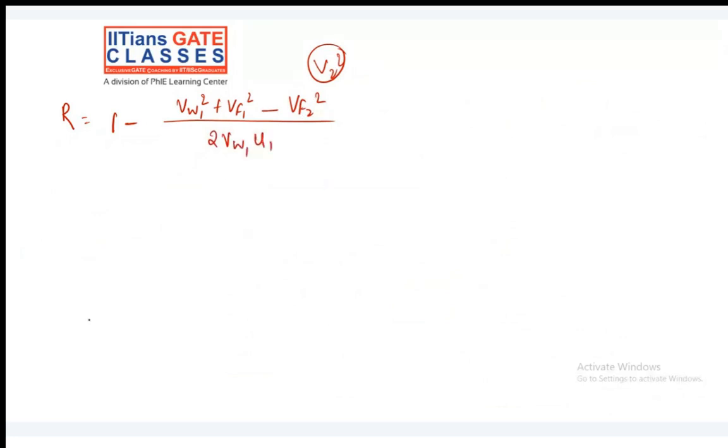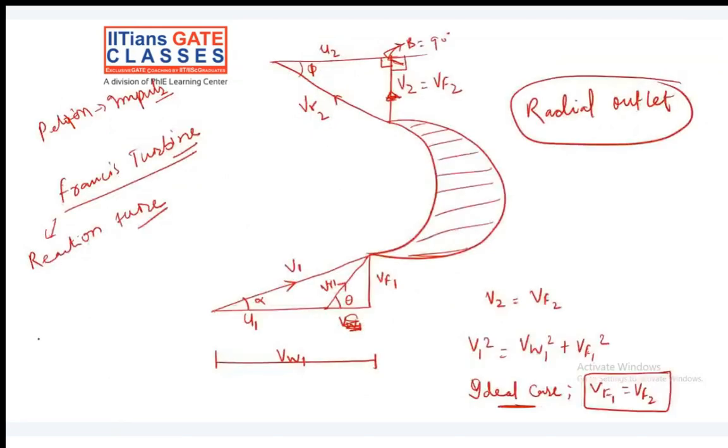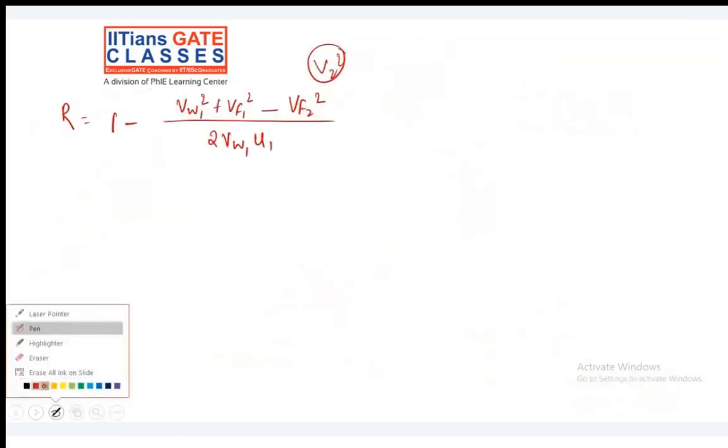We saw that the degree of reaction was 1 minus (v1 square minus v2 square), and v1 square is vw1 square plus vf1 square, minus v2 square, and v2 is nothing but vf2, so vf2 square, divided by 2 vw1 u1. For the ideal case vf1 is equal to vf2, so vf1 and vf2 get cancelled out.